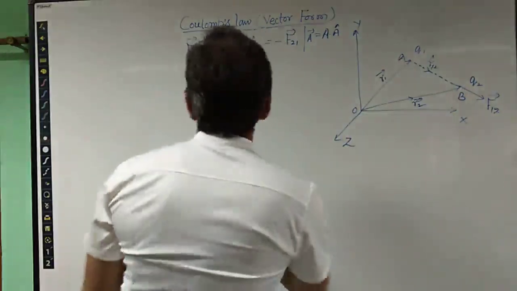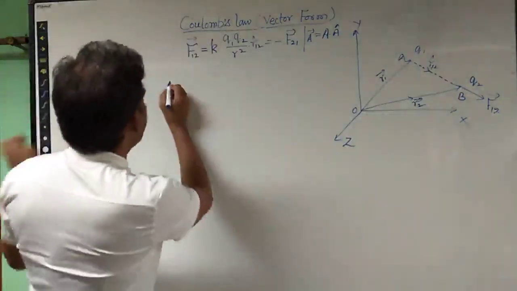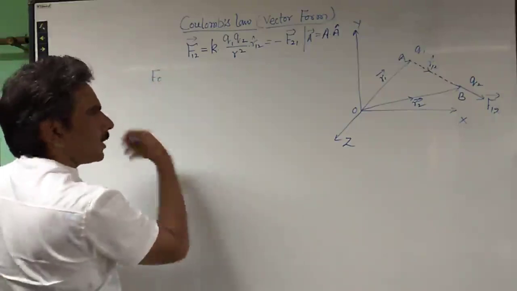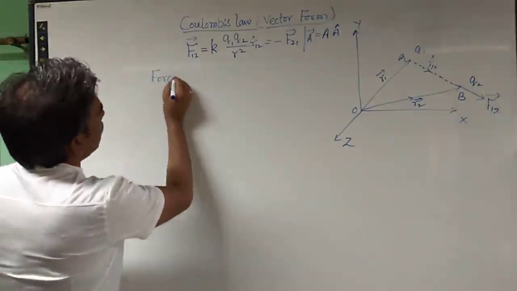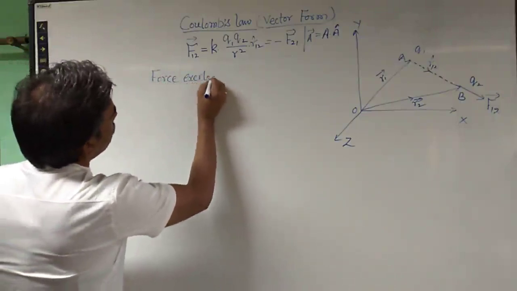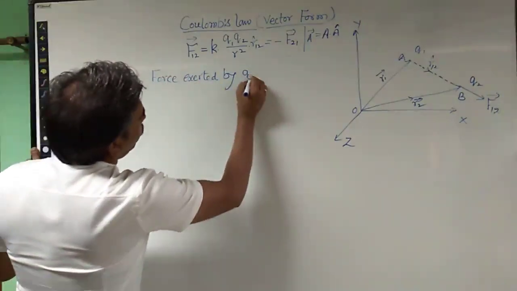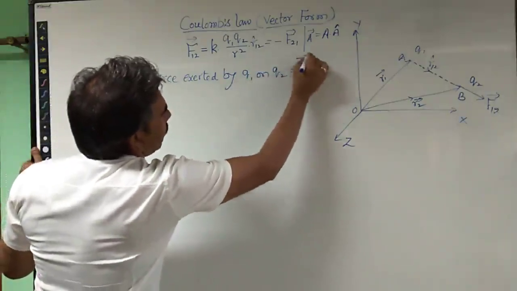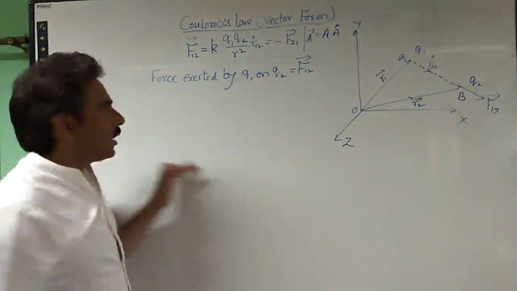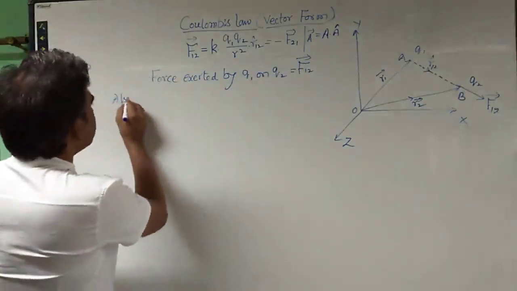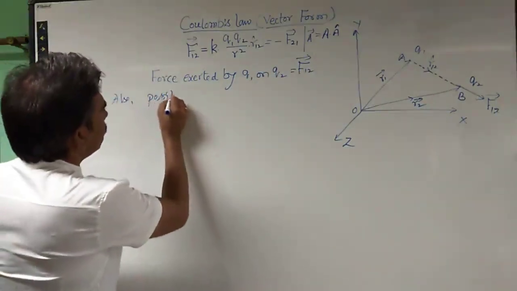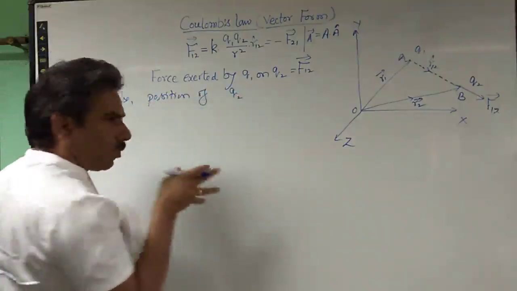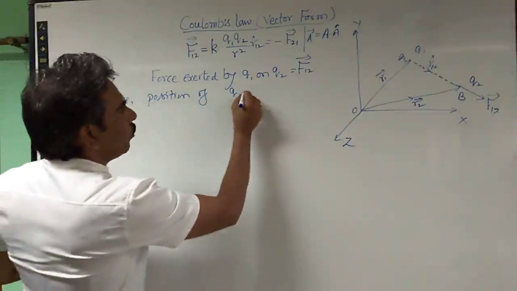So I can write the expression for the force. For the sake of simplicity, let us write again the two results. Force exerted by Q1 on Q2 is equal to F12, as we did earlier. Also, the position of charge Q2, because the force is acting on charge Q2, with respect to what?